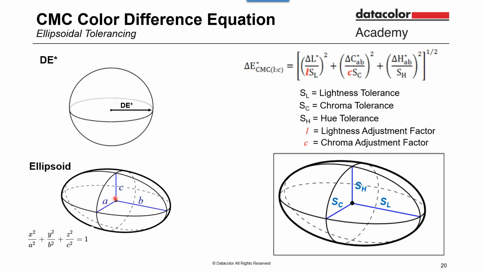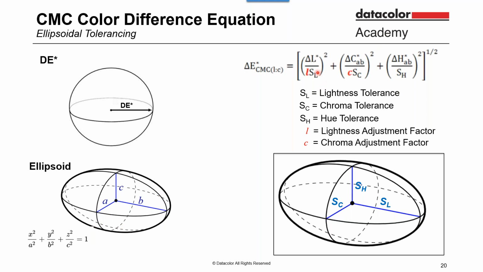The equation in x, y, z defines the surface of this ellipsoid. Now in CMC and a lot of other ellipsoidal equations, what is done is we're using this same equation here.